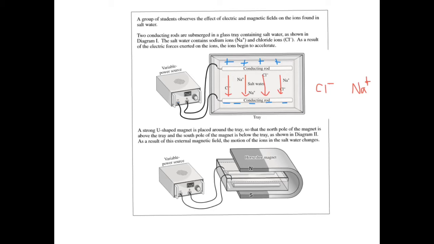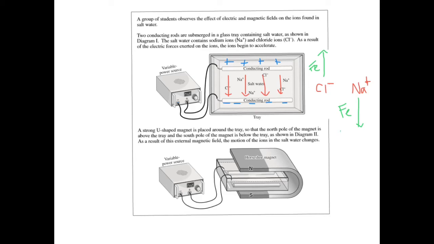Because the chloride ion is negatively charged, the electric force experienced by the chloride ion is going to be upwards in this diagram, whereas the sodium ion is going to experience an electric force downwards. So they will have an electric force, and they will start to accelerate between those conducting rods.